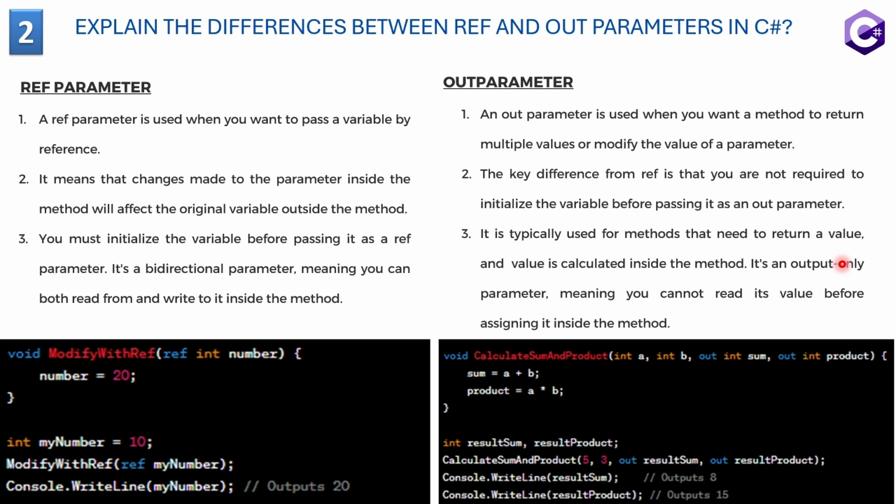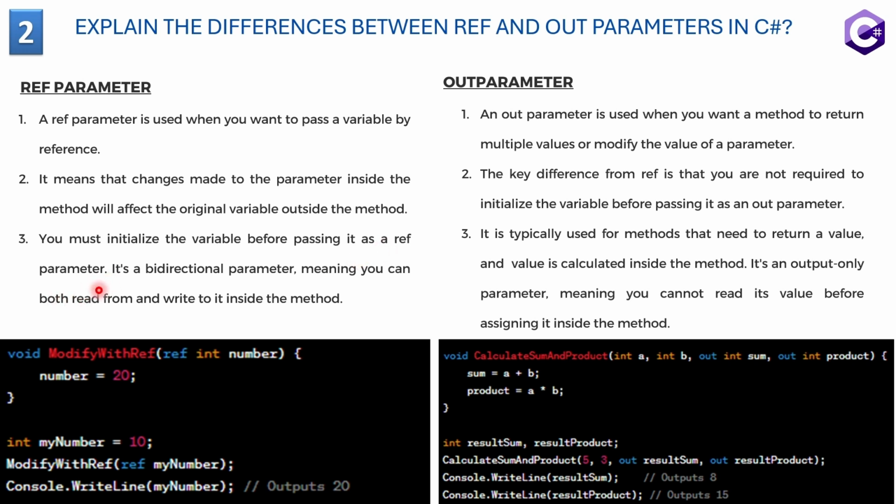It means that changes made to the parameter inside the method will affect the original variable outside the method. You must initialize the variable before passing it as a ref parameter.